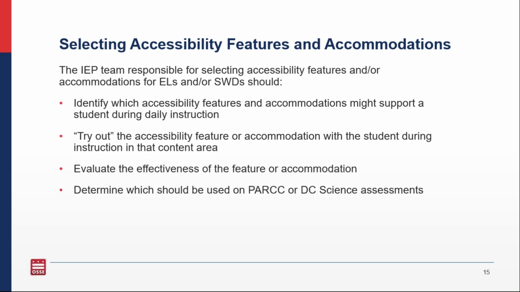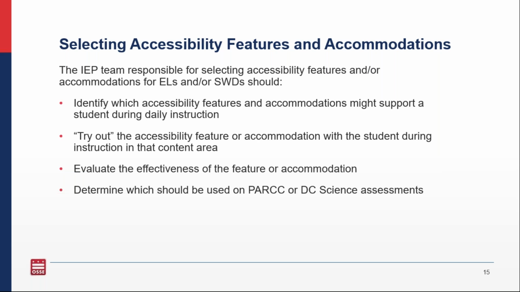Students should be able to try out the accessibility feature or accommodation during instruction in that content area, making sure that they are familiar and that it's beneficial to the student. If the accommodations are not beneficial, or the student is not utilizing the accommodation on their IEP, the IEP team should hold a 30-day review meeting to adjust the accommodation and find out what works best for the student. Next, evaluate the effectiveness of the feature or accommodation.